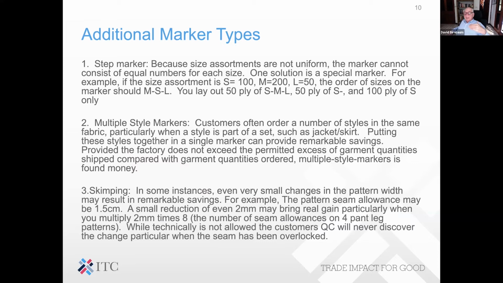On a step marker, you will lay out 50 layers of fabric for all 3 sizes. Okay? And then you will lay out another 50 for just small and medium, and then finally 100 just for the medium.